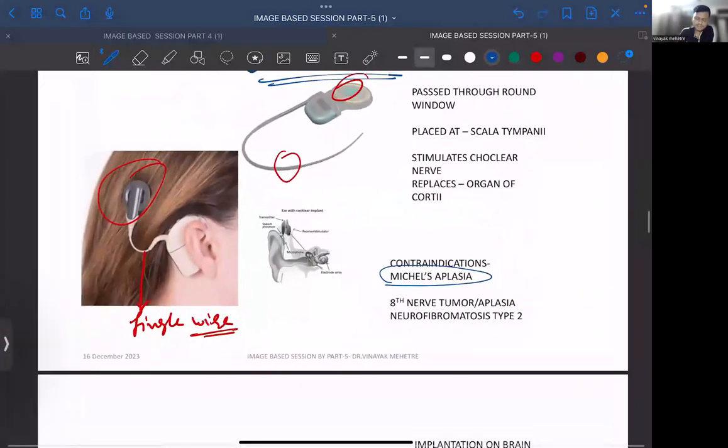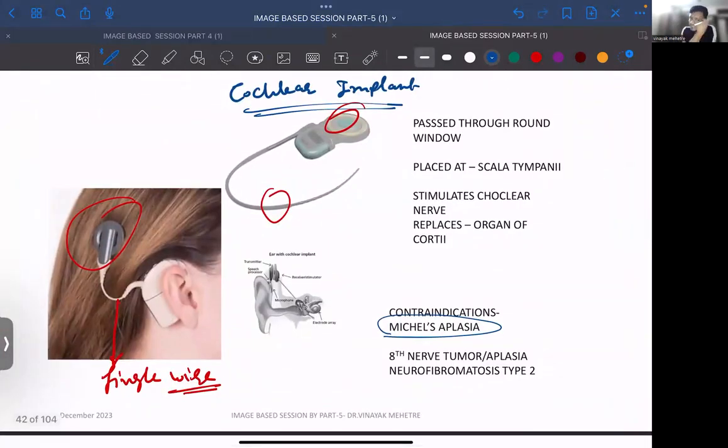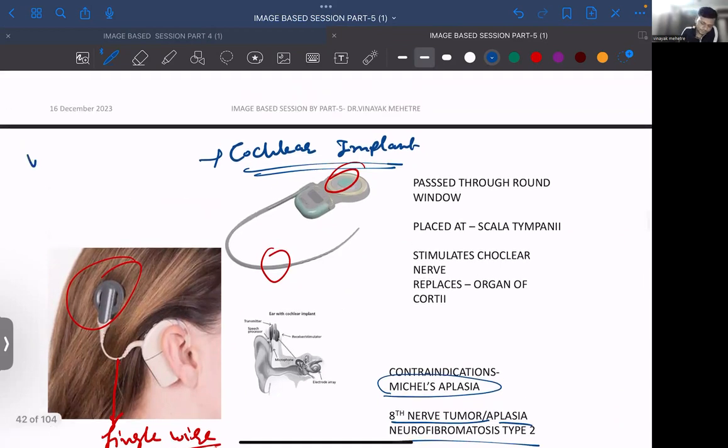Reason being, the problem is in the brain or nerve, so this is not going to replace the cochlea. So there will be sensorineural hearing loss even after we put the implant, because the nerve and brain are gone, right? Uses: bilateral sensorineural hearing loss, right? The contraindications of BAHA are the indications of cochlear implant.